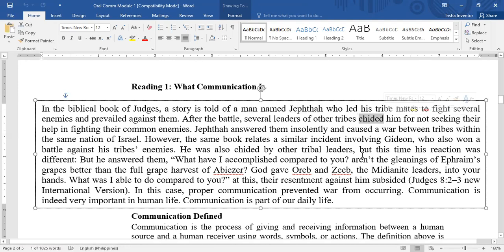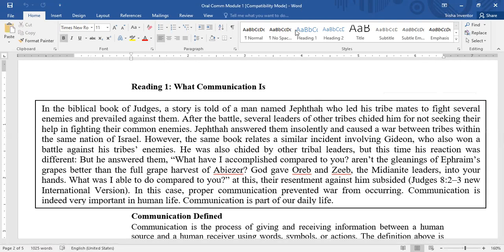That's what we mean by chided. Jephthah here again is a tribal leader who went to a war and won the war.